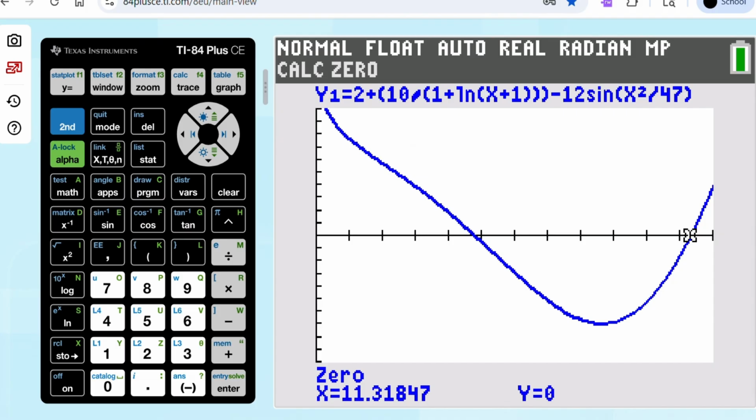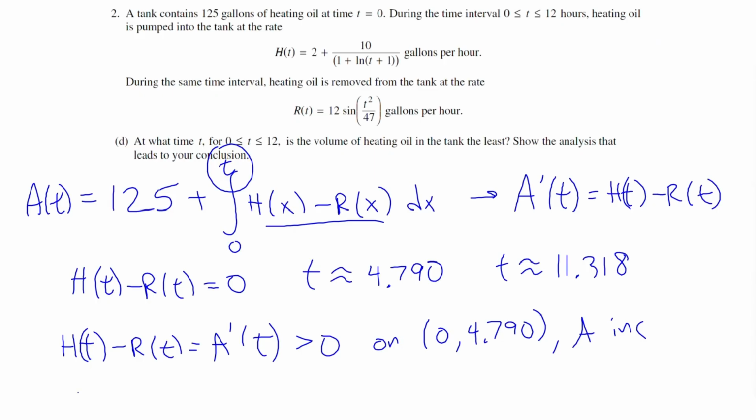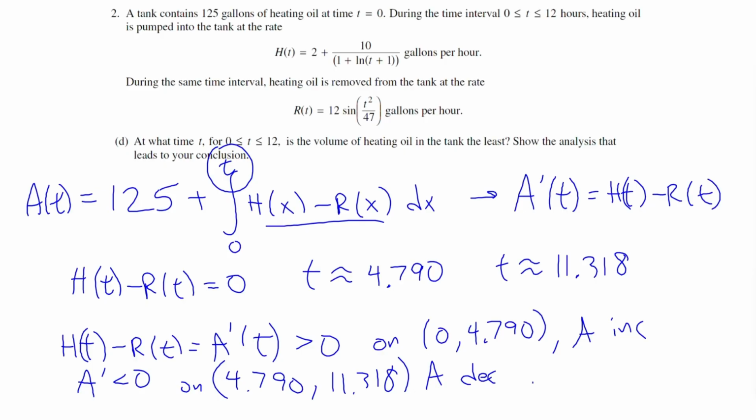And then we know that below that we're negative, so we can say that a prime is less than 0 on 4.790 to 11.318, so a is decreasing. And then finally, we also know that a prime is, again, greater than 0 on 11.318 to 12, so a is increasing.